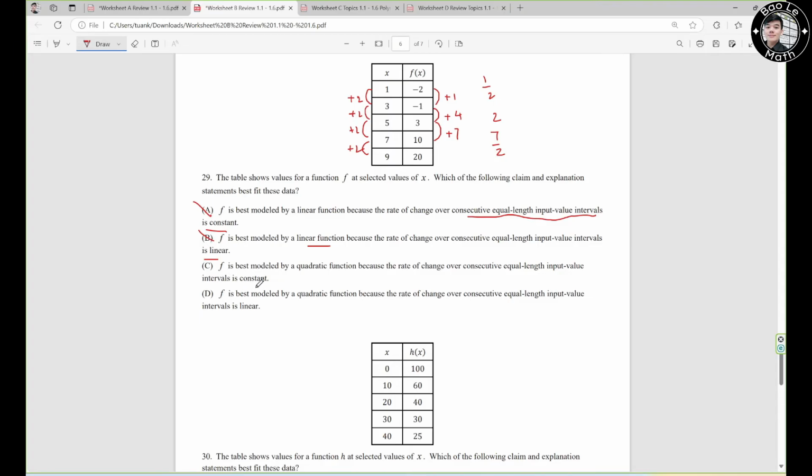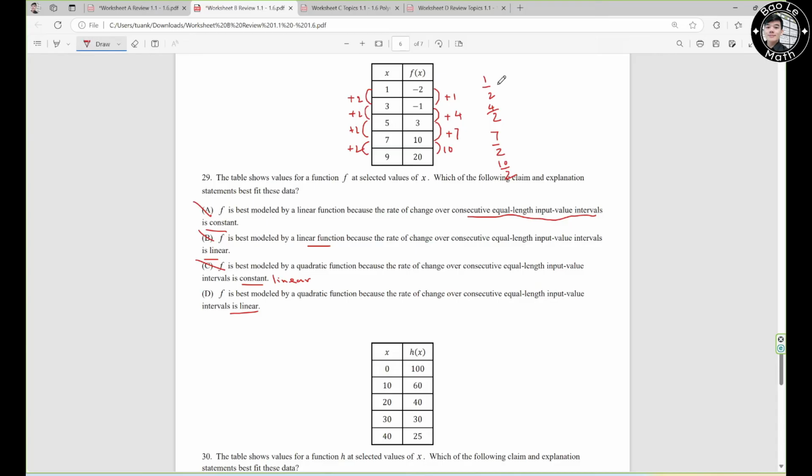Now question C, f is best modeled by a quadratic function because the rate of change over consecutive equal length input value intervals is a constant. No, this is not right, right? It must be linear, right? Yes, this is right. So we're going to check this one right here. We see that 4/2 is going to be 4/2, right? This is 7/2 and this is 10/2, right?